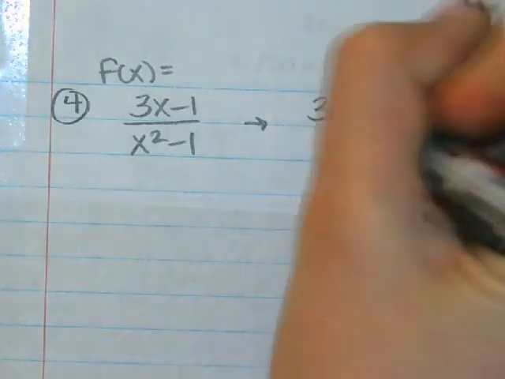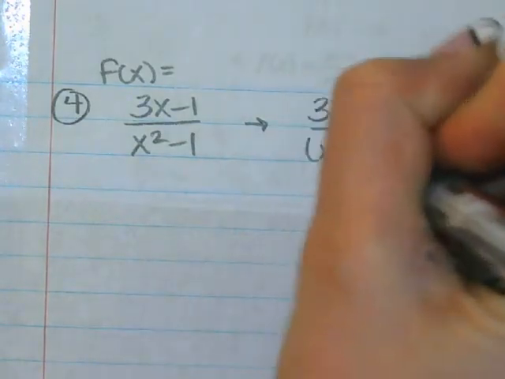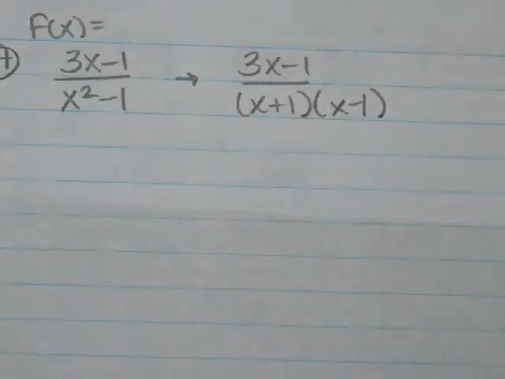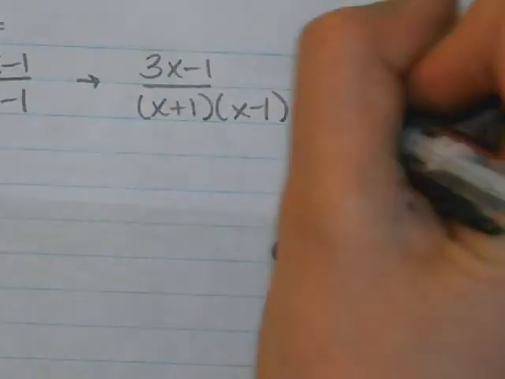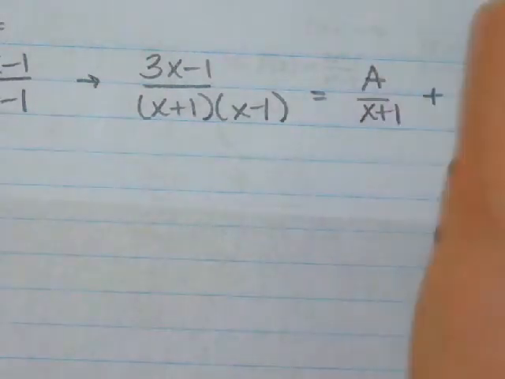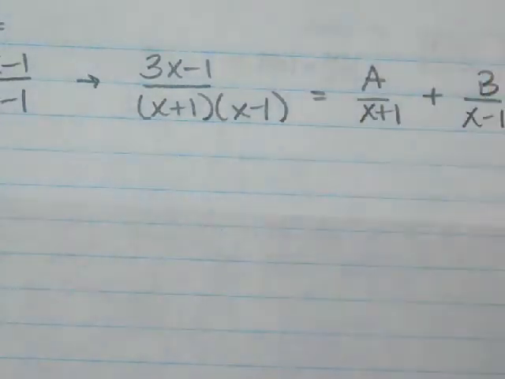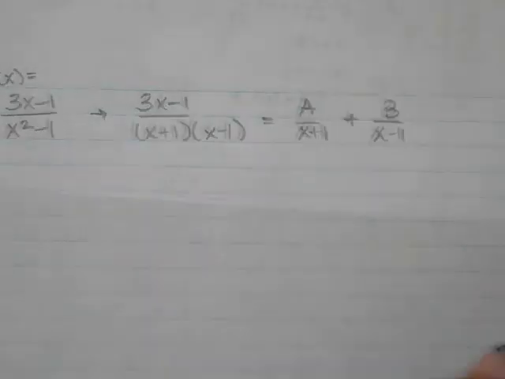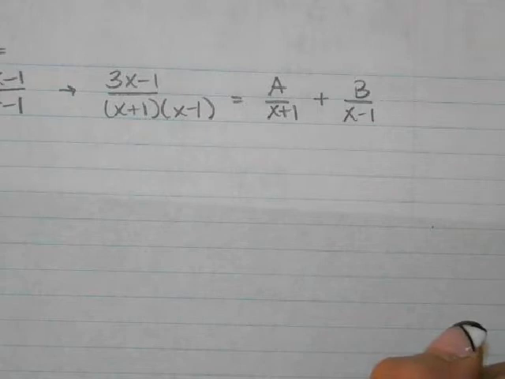Okay, so we got 3x minus 1 over x plus 1, x minus 1, okay? And so I'm going to say that this is a over x plus 1 plus b over x minus 1. And then what should I do next?